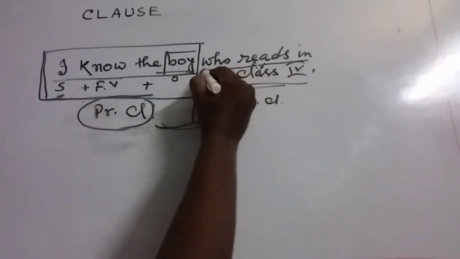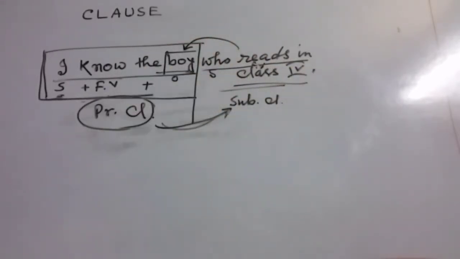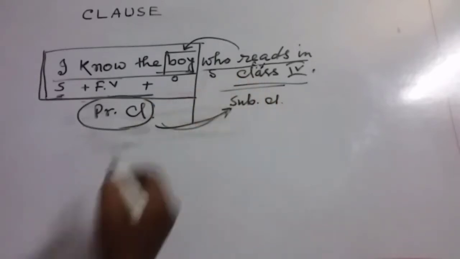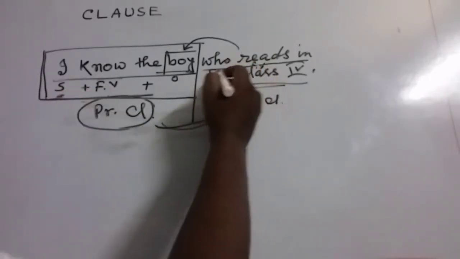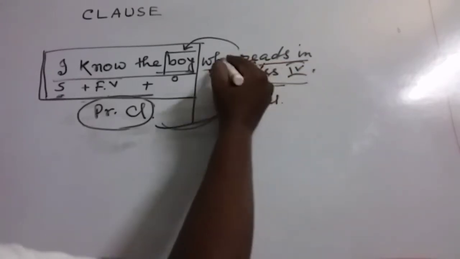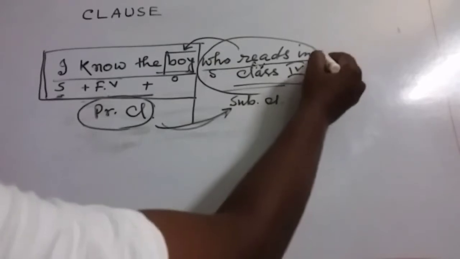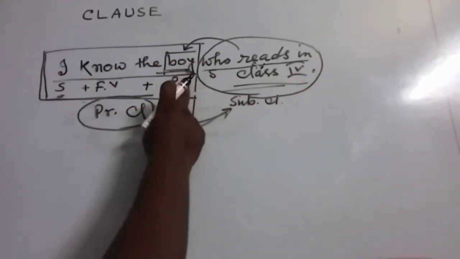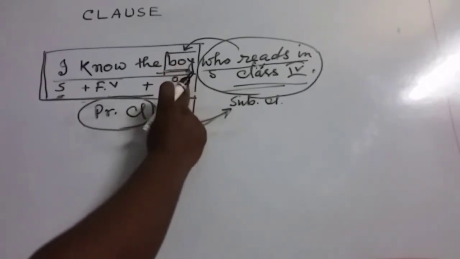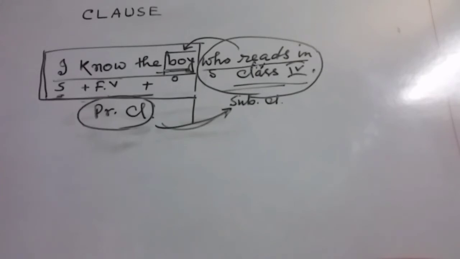This part, who reads in class 4, is saying something about this boy only. If we go through the entire sentence, who reads in class 4 gives us the sense of this boy. We are saying something about this boy. I know this boy. Which boy? The boy who reads in class 4.